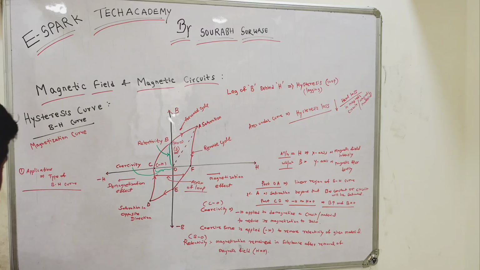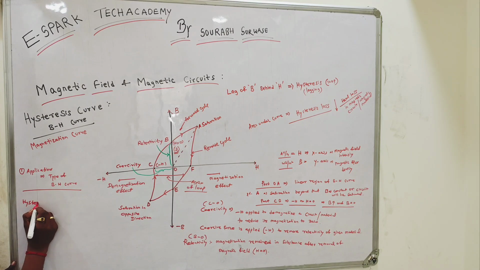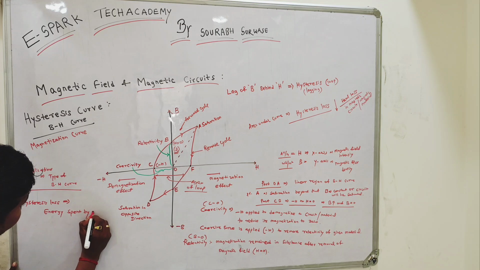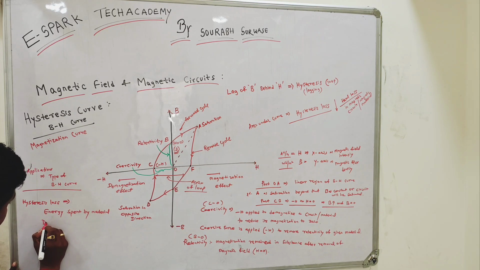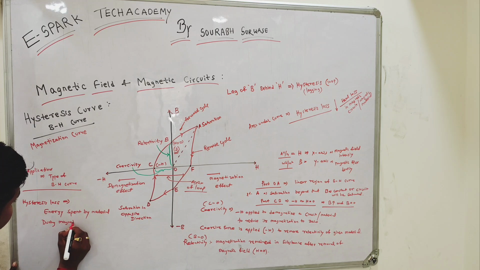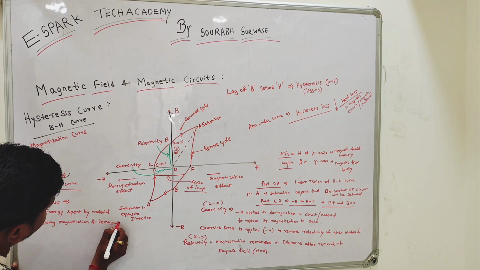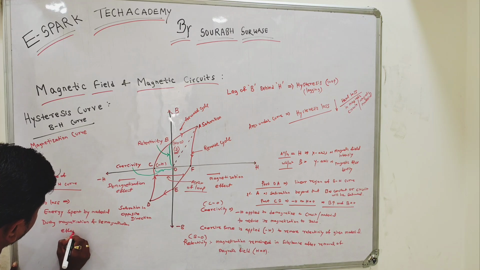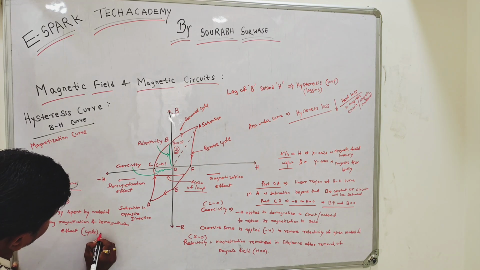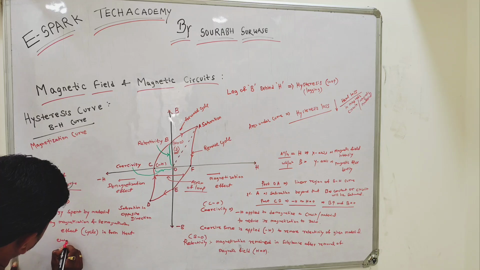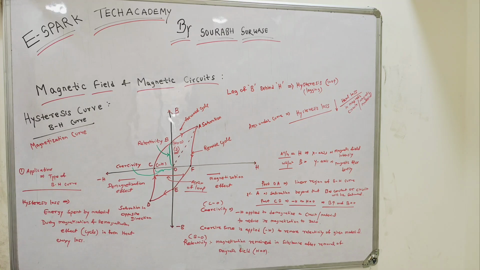You can say hysteresis loss is the energy spent by the material during the magnetization and demagnetization effect or cycle in the form of heat energy loss.